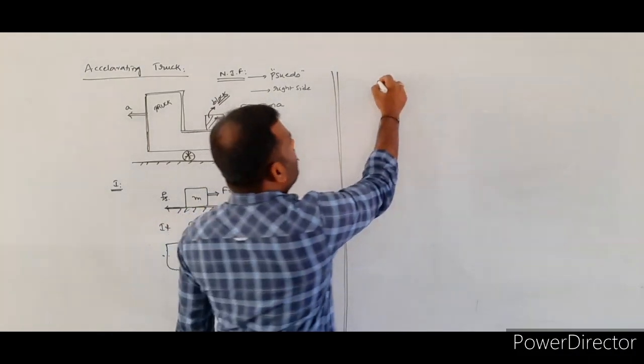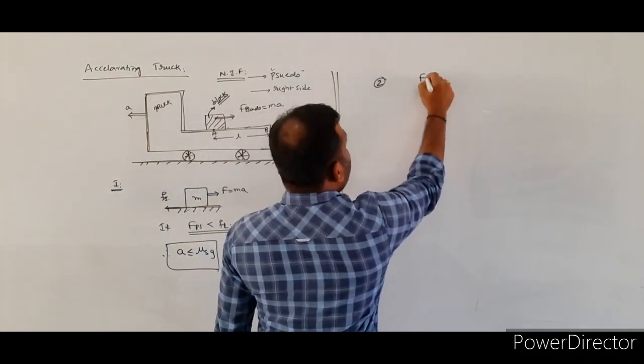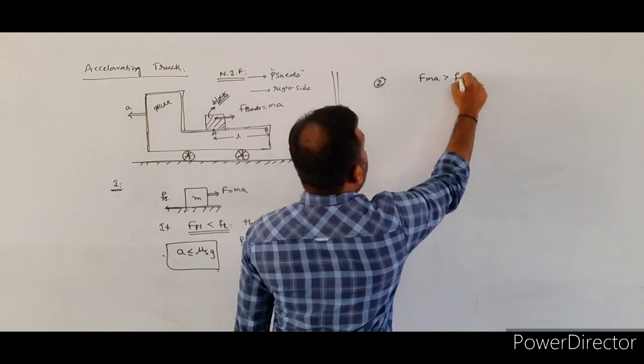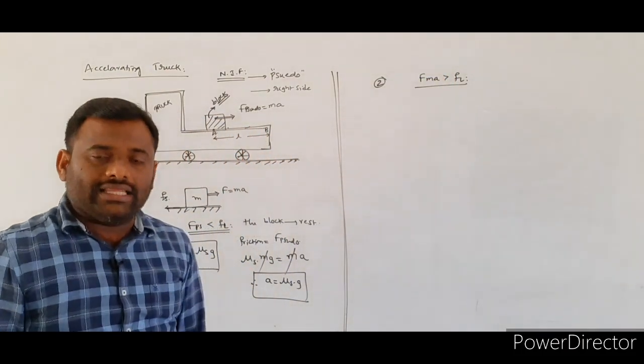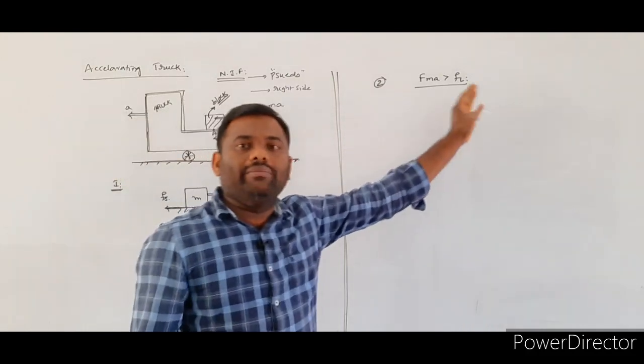Next, in case 2, the pseudo force value is greater than the limiting friction, that is, the pseudo force acting on the block is greater than the limiting friction.